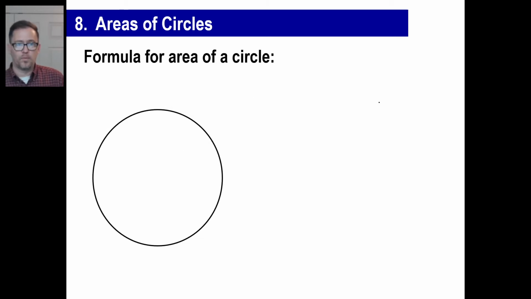The formula for the area of a circle, you need to memorize this, or at least keep looking back at it until you've got it memorized. It is pi times the radius squared. Pi, for our purposes, we will use 3.14.